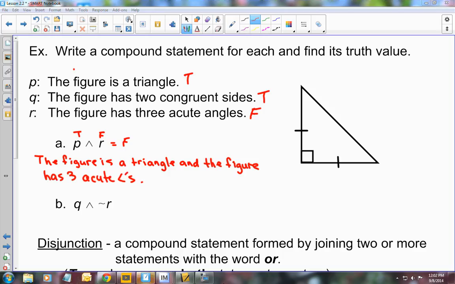There we go. I think I looked at the one above and got that from it. Okay, so P and R is a false statement, and I've actually written it out in words the way that I wanted it to.